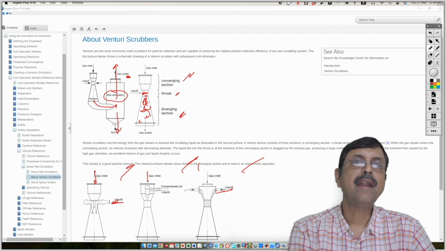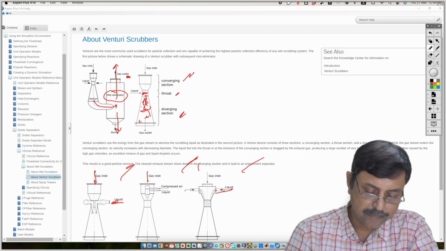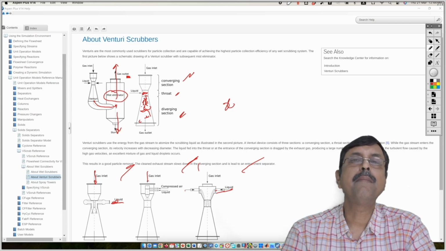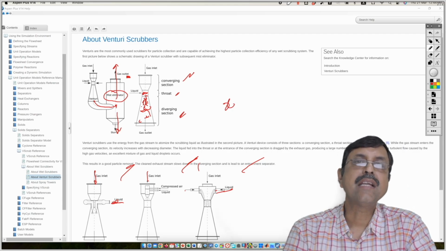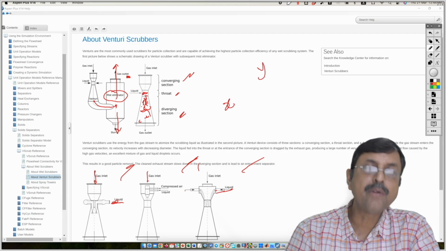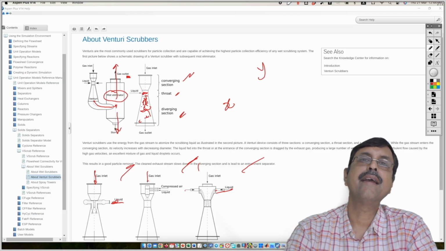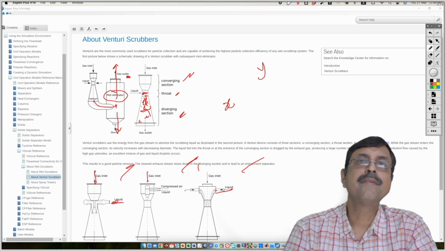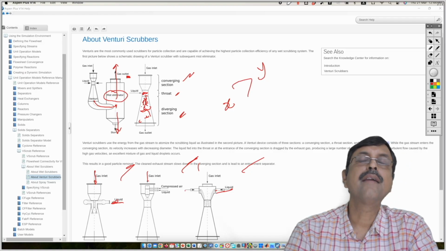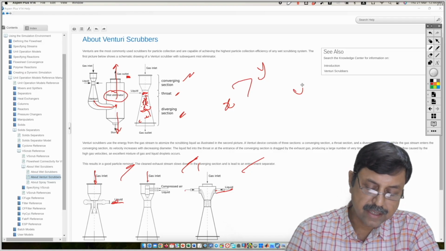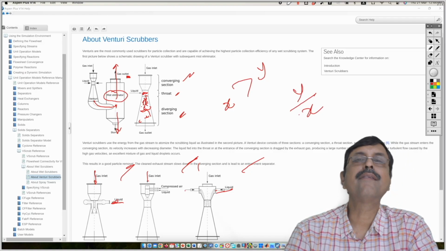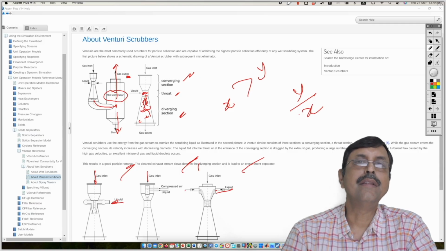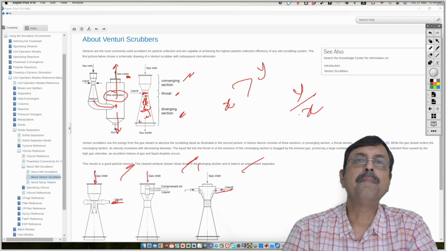So if X amount of particulate matter has been fed through the gas phase and Y amount of particulate matter has been arrested in the liquid phase, obviously X would be greater than Y, then the fraction Y by X will be equal to the efficiency of that particular scrubber.